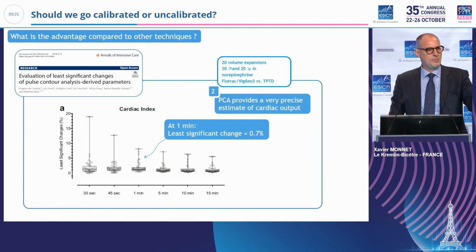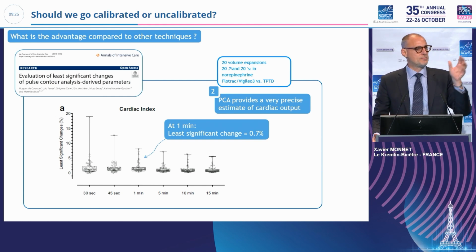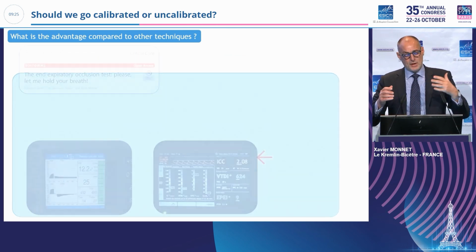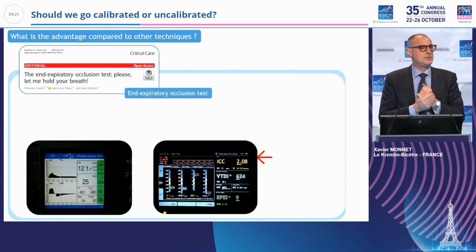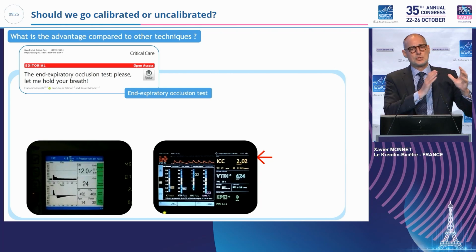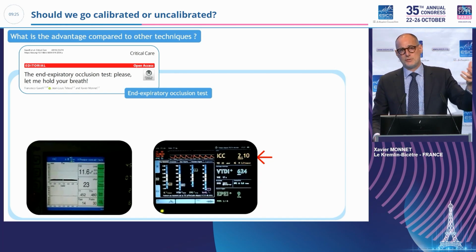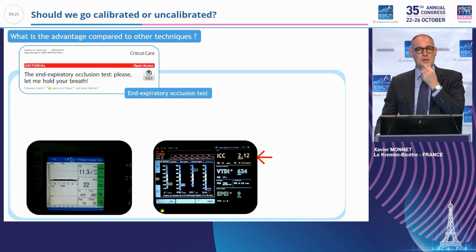Echo, it is 10%. The PA catheter and transpulmonary thermodilution the same. So very precise. And so it means that these devices are particularly suitable for assessing short-term and small changes in cardiac output, especially during tests of fluid responsiveness.